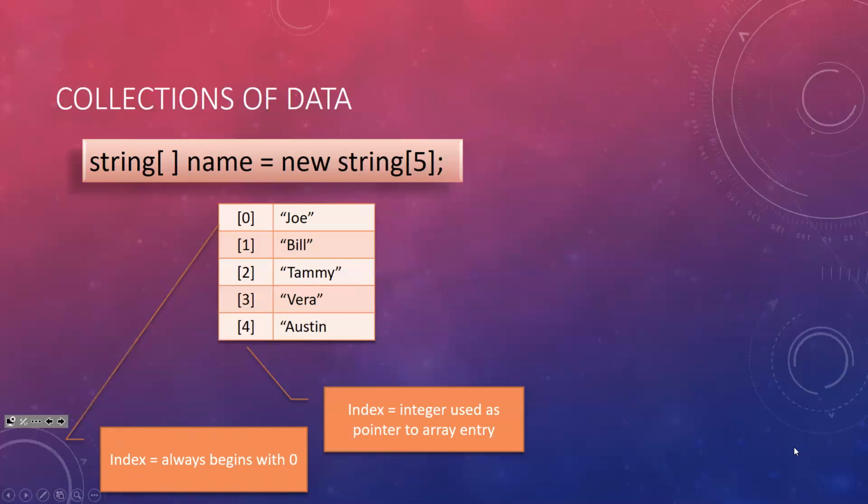So in this picture here, we have the index value beside the data value that's held in that array. So if I want to look at my name array, index location 3, I'm going to see the data for Vera. Okay. Our index value, our pointer into our array, always begins with 0.